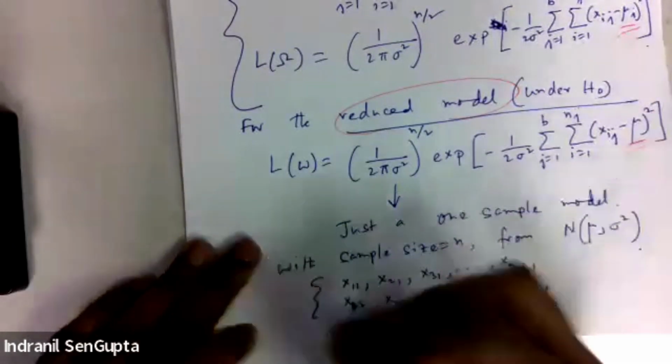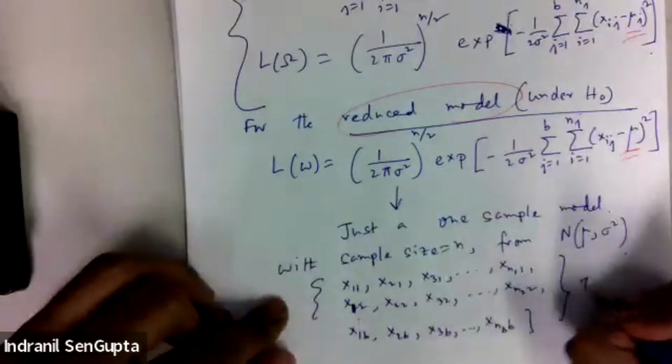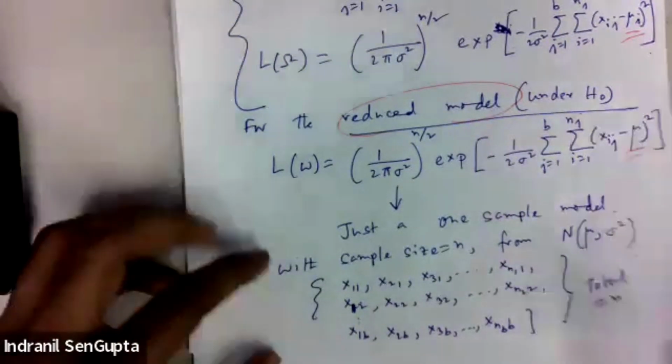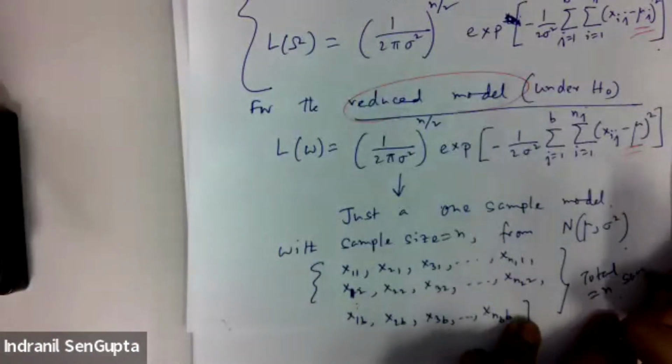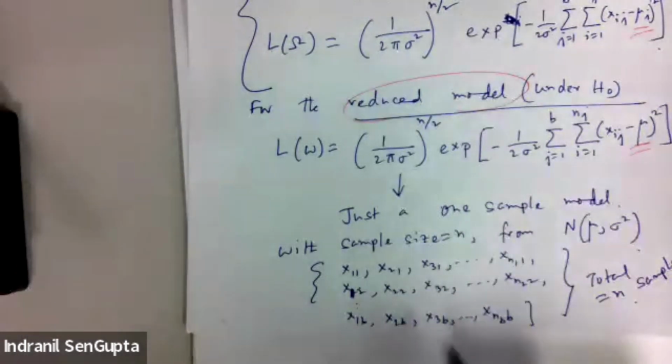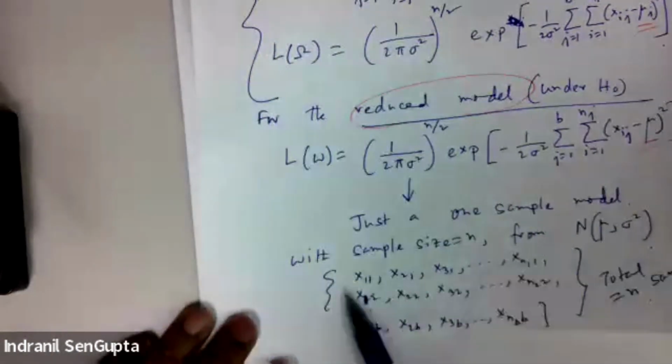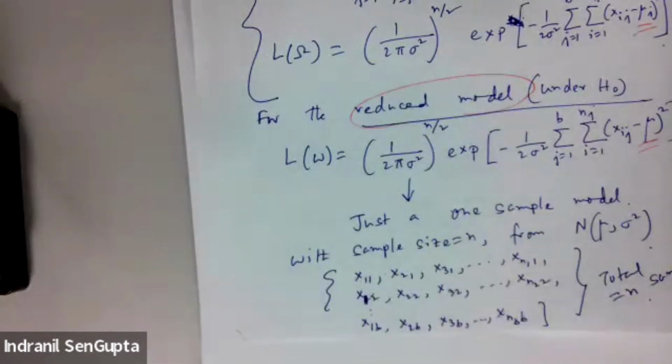What is the total? Here the total is n samples. That's the sample size. And where are they from? We assume that everything has the mean mu, so for each bucket the mean is mu.